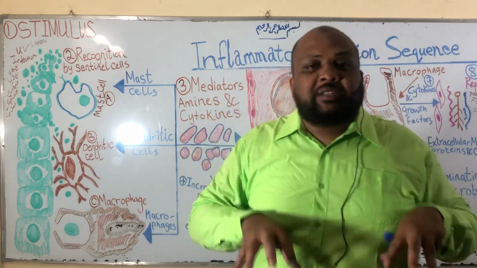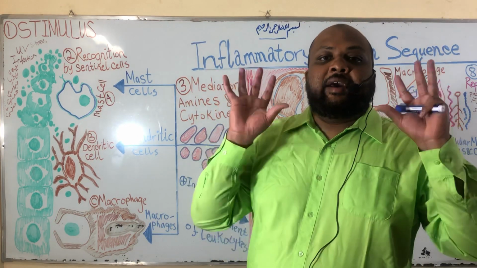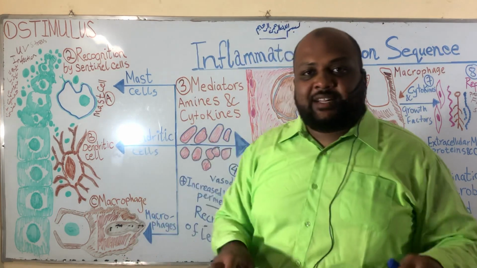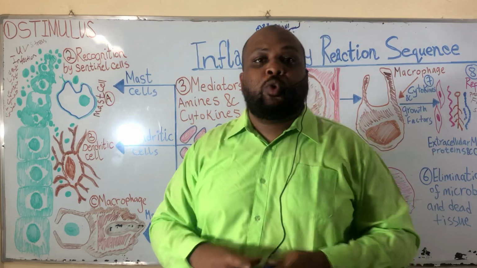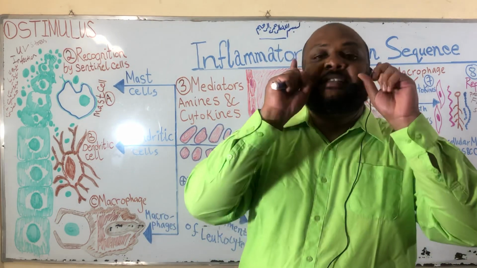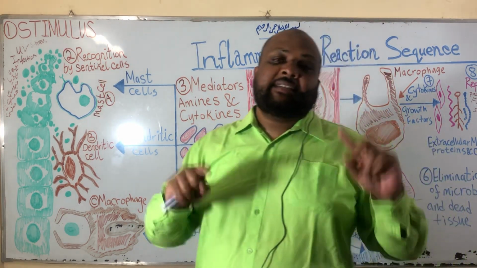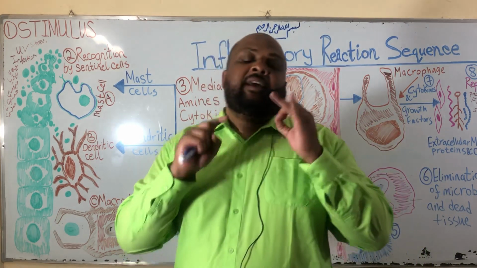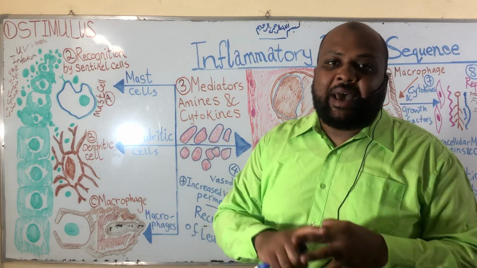There are built-in white blood cells, immune defense cells that are resident, known as sentinel cells. These sentinel cells are mast cells, dendritic cells, and macrophages.